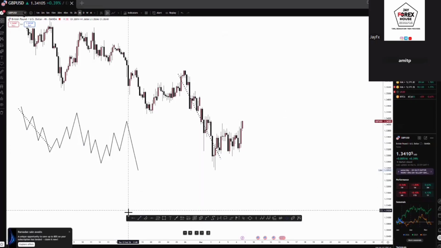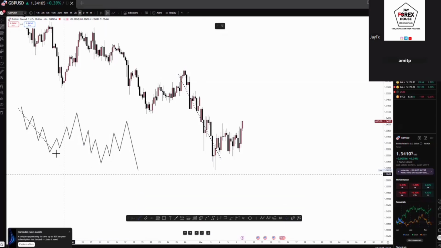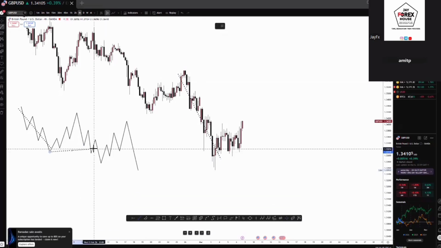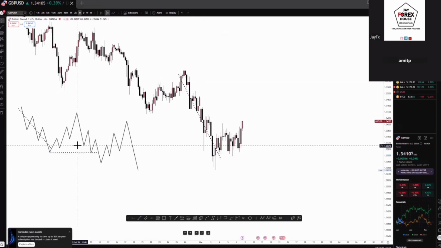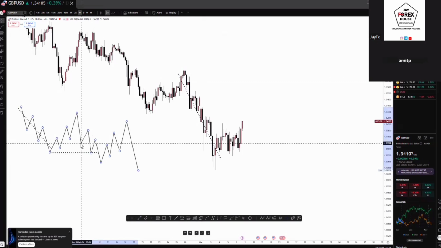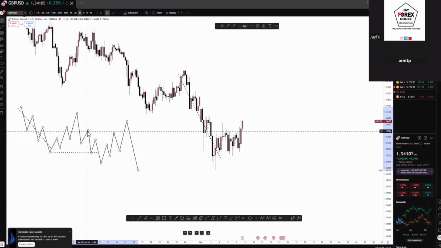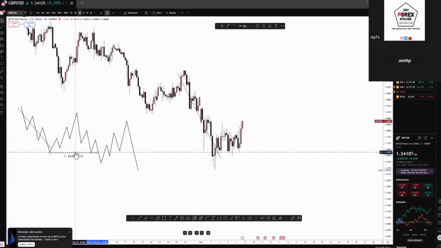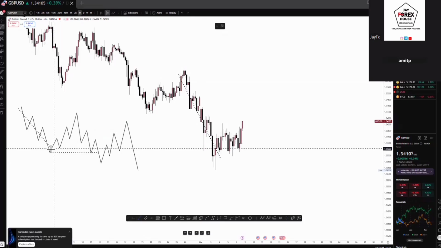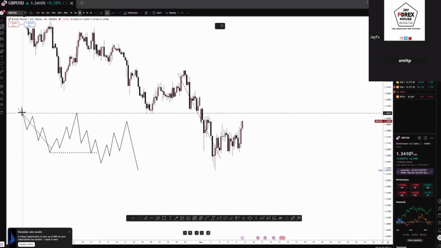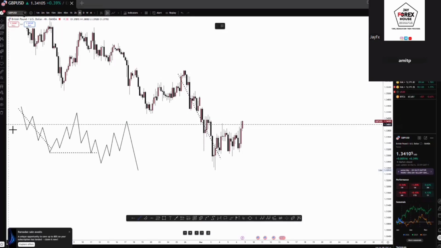So on market structure, price breaking this low is considered a break of structure once multiple lows and highs from a new range have been created and break the swing low of this low. When this range is being created, price returns back, probably because there was a previous break of structure here.